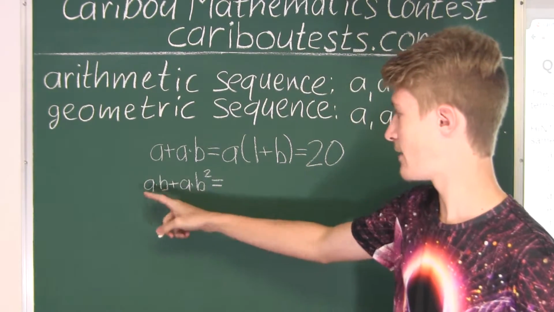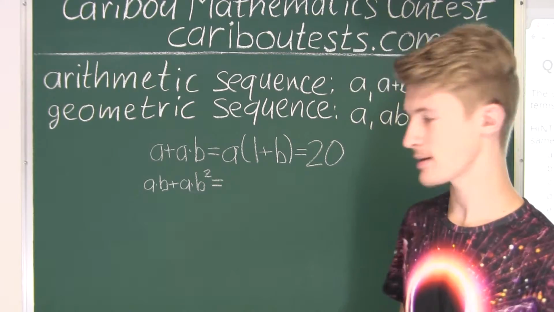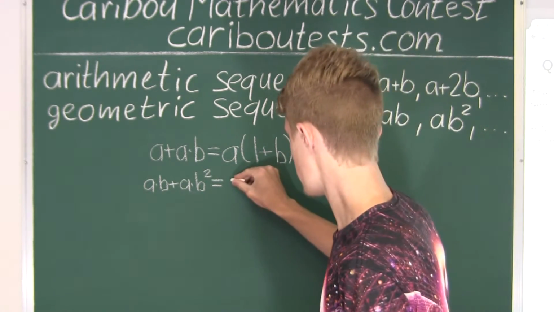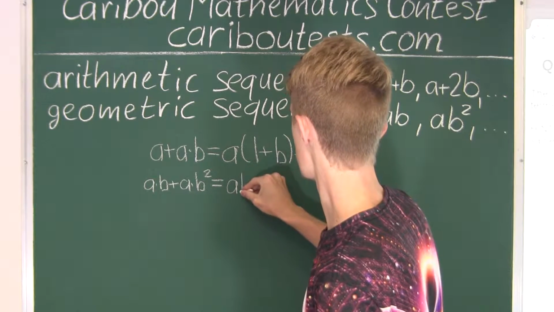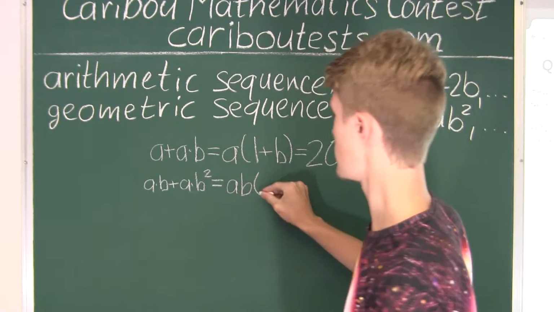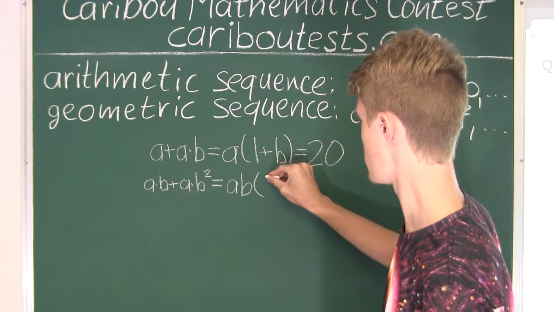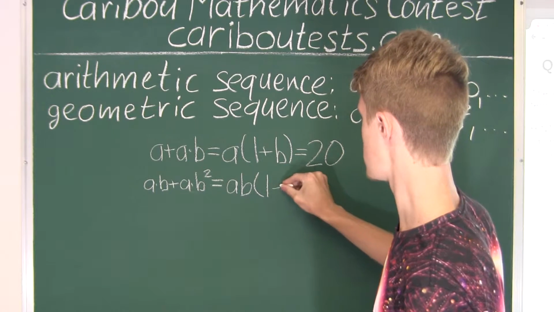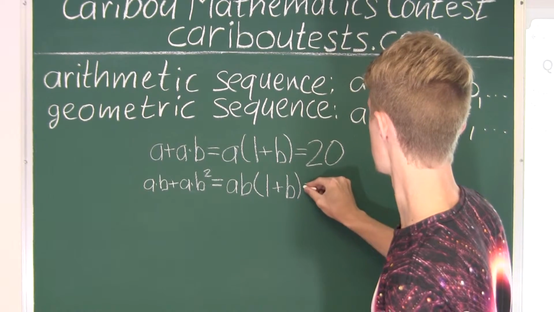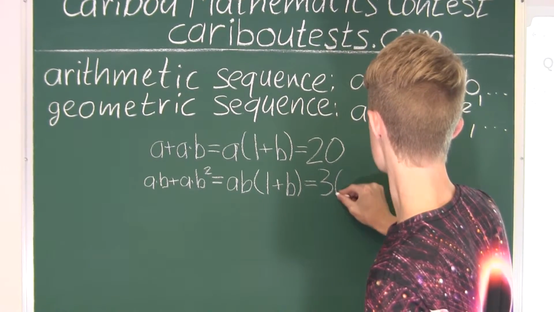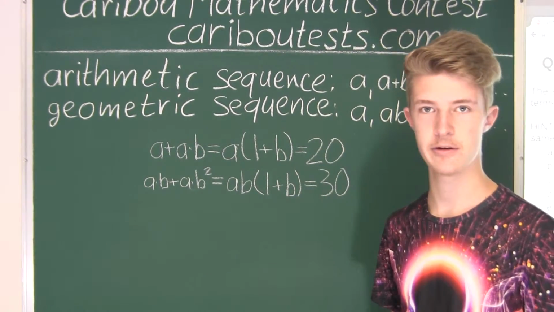Now we have A times B in both terms, so we can use the distributive law again. Then we have A times B, times 1 plus B. And that is equal to 30.